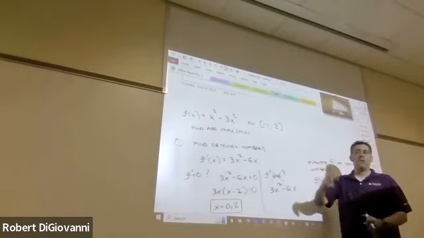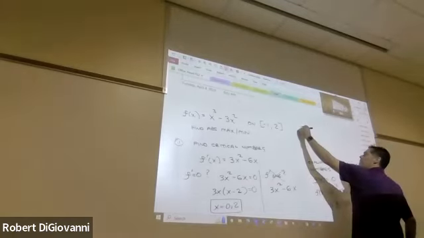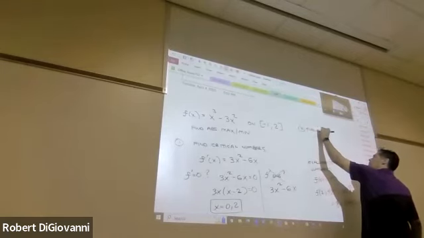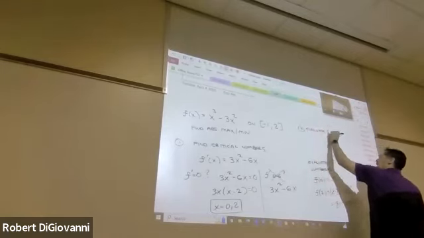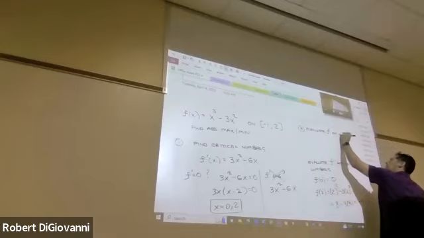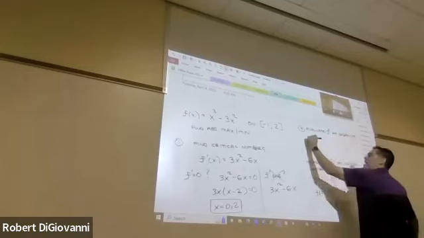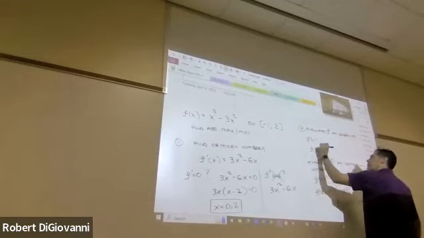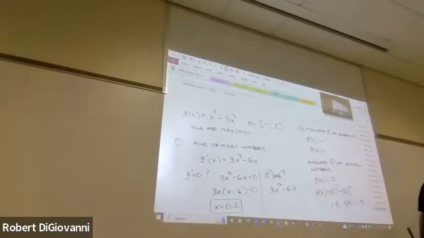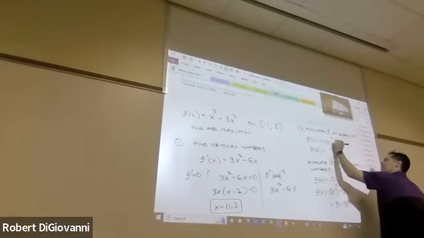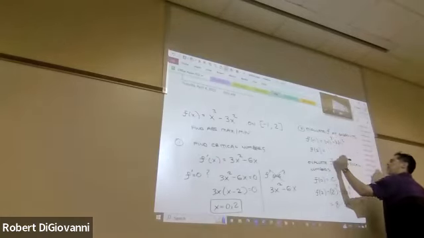That's the second step. So for step 2, I'm going to evaluate f at the endpoints. That means I want f of negative 1, f of 2. So when I plug negative 1 in, I get negative 1 cubed minus 3 times negative 1 squared.